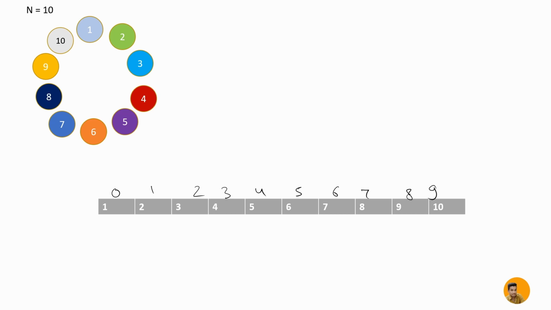We simply write the children present at odd indexes. Those are our first answer: 2 4 6 8 10. Now we are left with 1 3 5 7 9.